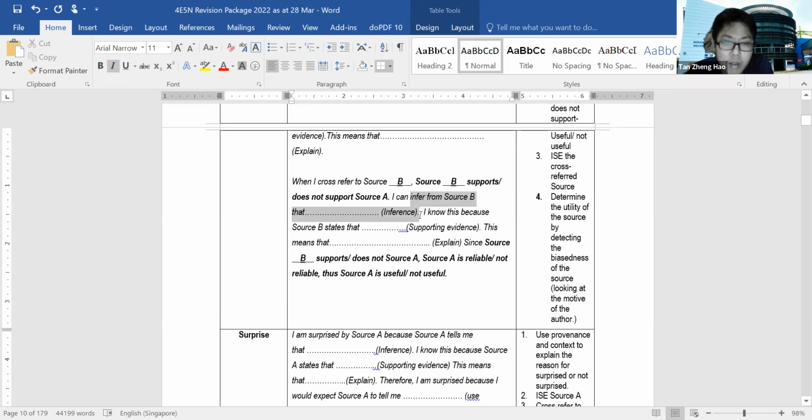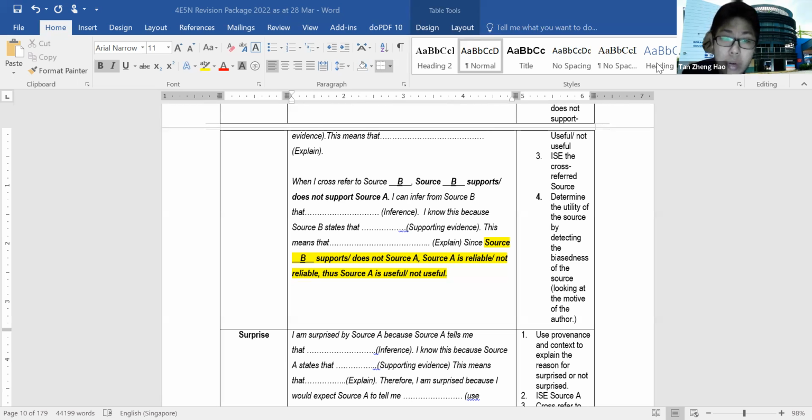What can you infer from the previous source? Okay, and give evidence, explanation as usual. And then the last part is very important. Since the source supports or does not support, it tells me the source is reliable or not reliable. Therefore, it tells me whether the source is useful or not. All right. So this is the rough structure of cross-reference.